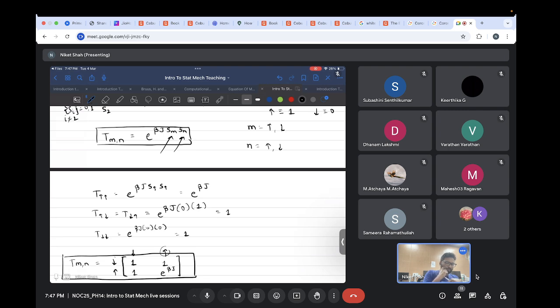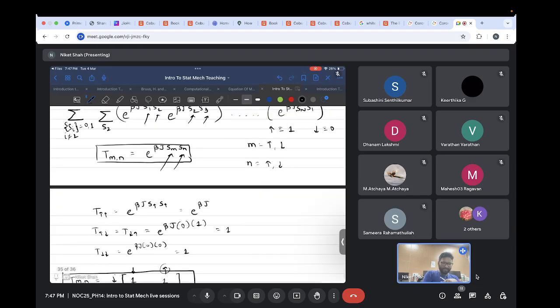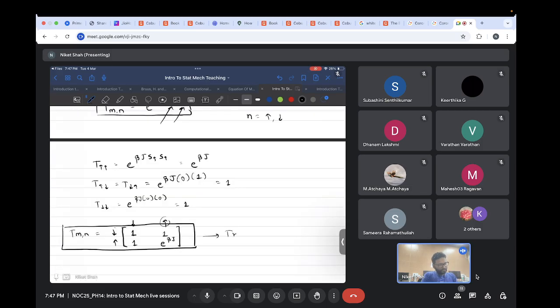So T_mn is a transfer matrix, and it will contain all the possible values of the term e raised to power beta J S_m S_n. As we vary m and n, it will cover all the possible values. So it will basically form a matrix, and that's why it's called a transfer matrix.